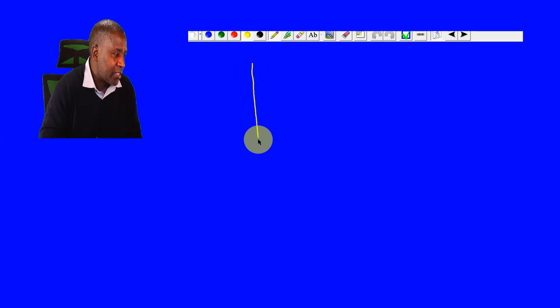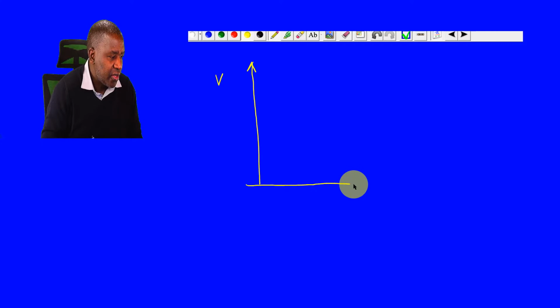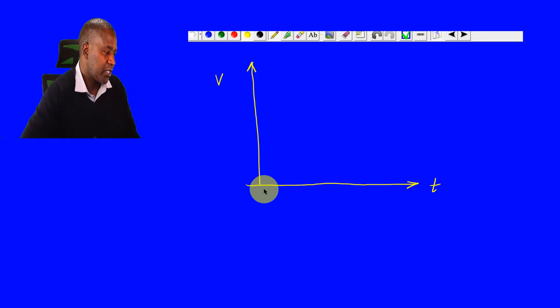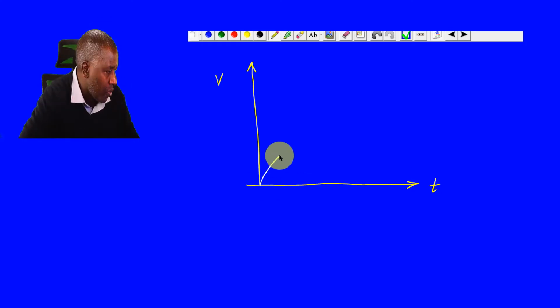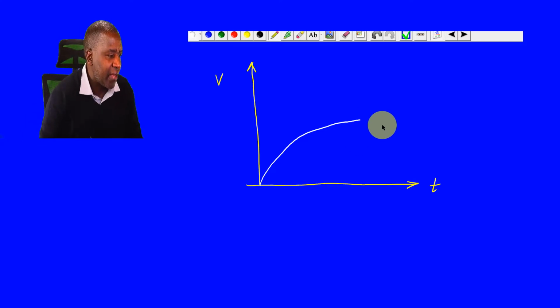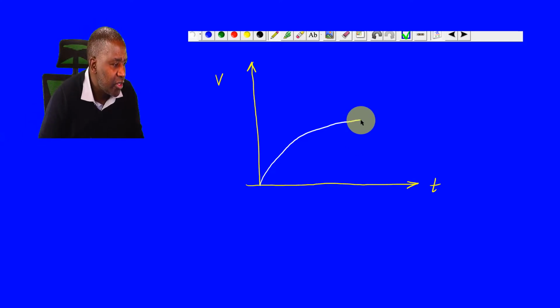This is the y-axis. We've got velocity, and on the x-axis, we've got time. And as soon as the object is dropped into the measuring cylinder, this is how the graph looks. And then after some time, at this point, it's going to flatten out.